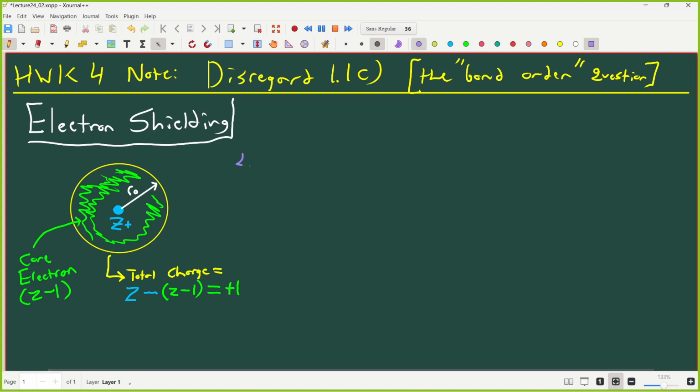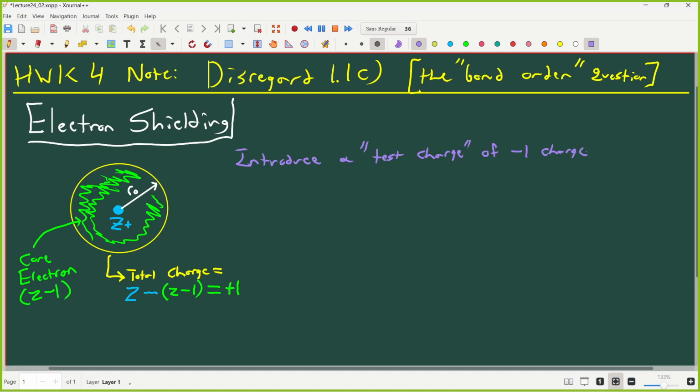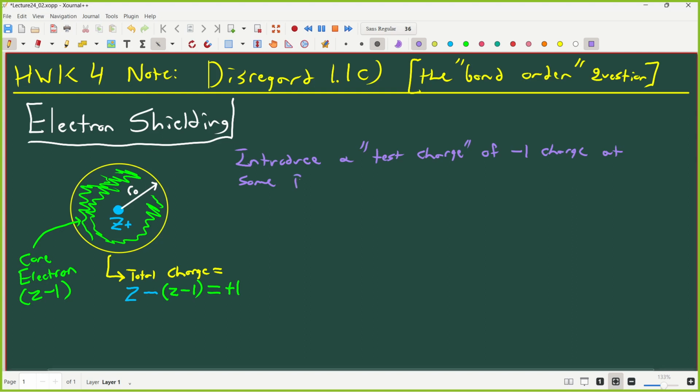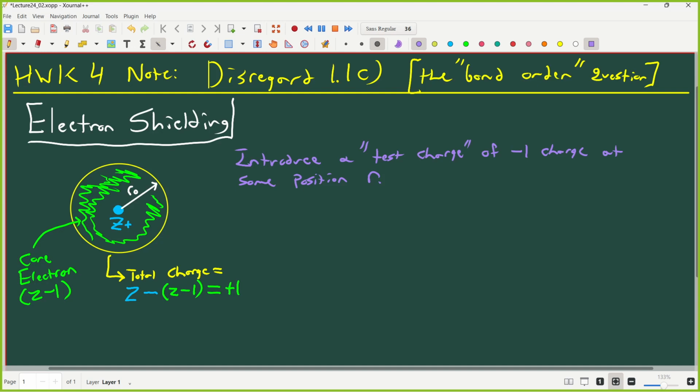So introduce a test charge, which is just a point of -1 charge. You can just think of it as an electron at some position r. Okay, and we have two options where the electron can be.